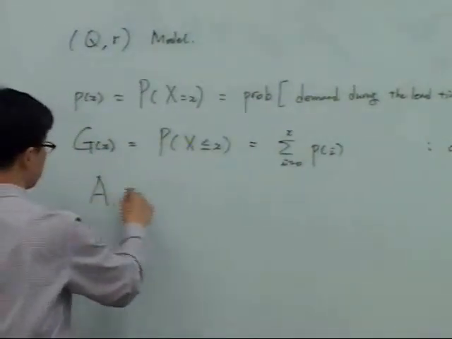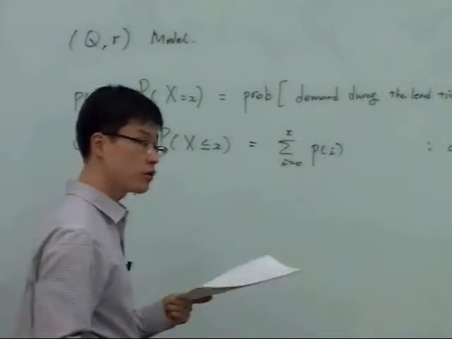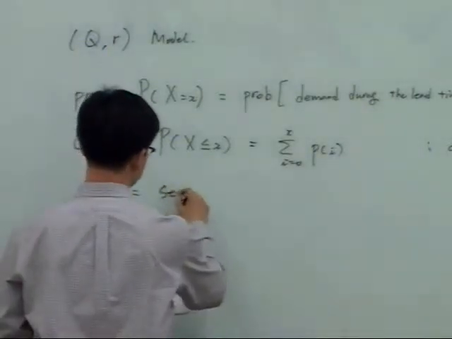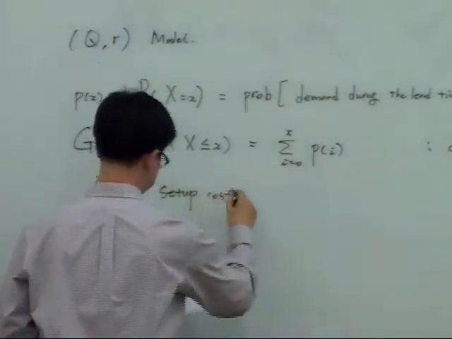And large A is, as in the EOQ model, the setup cost.